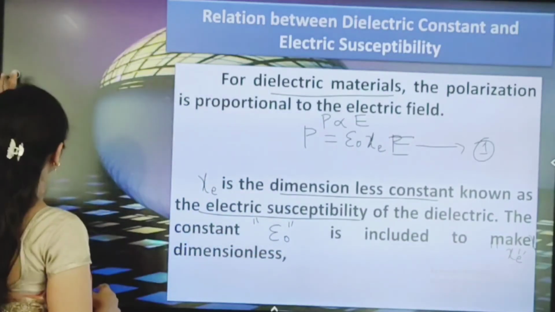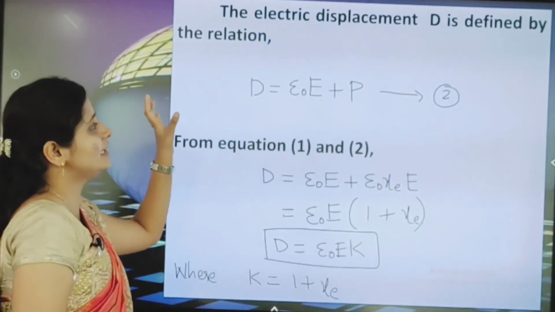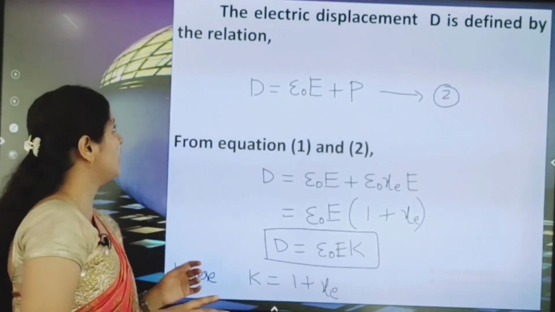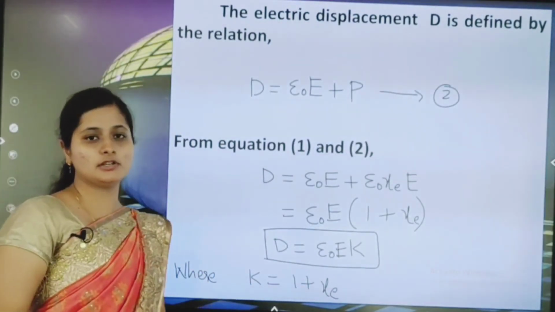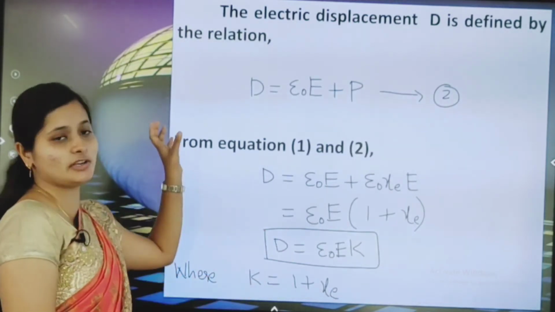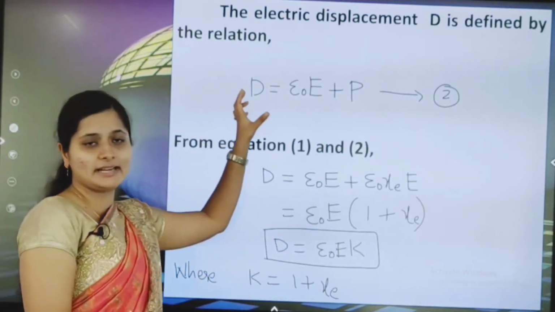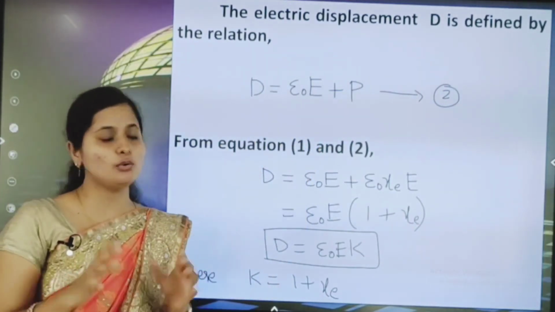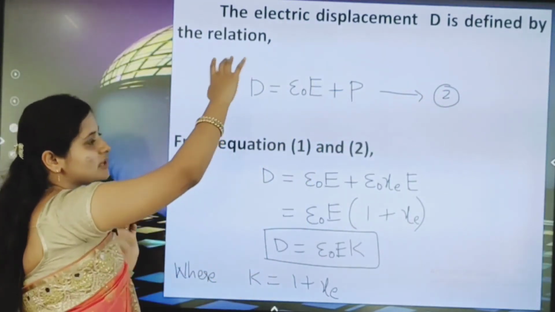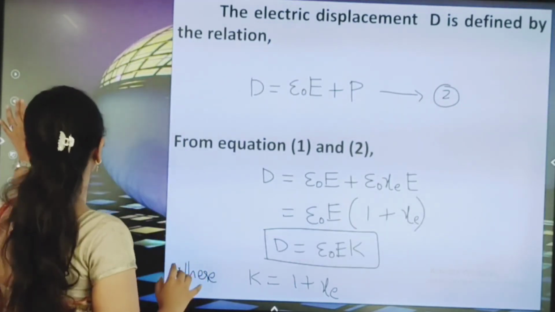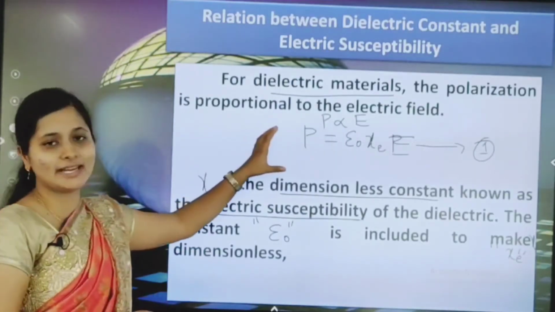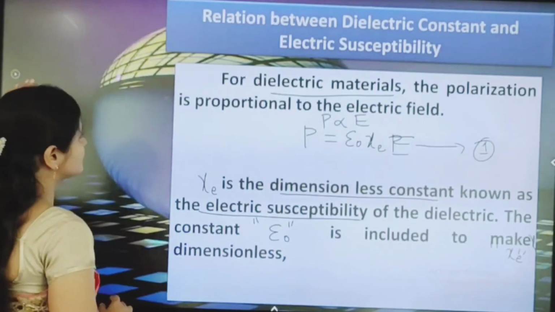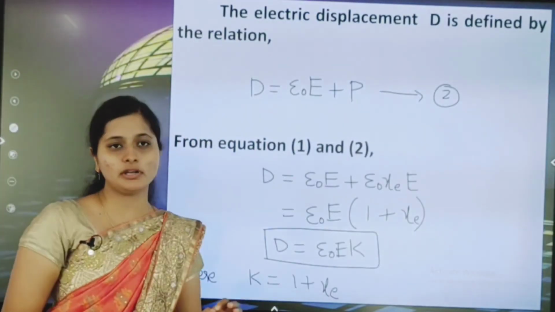See here the next. The electric displacement D is defined by the relation. So by the relation of the electric displacement, electric field and the polarization, we can write our equation number 2 as the electric displacement. Okay, so here by this slide we will get our equation number 1, and this slide we will get our equation number 2.